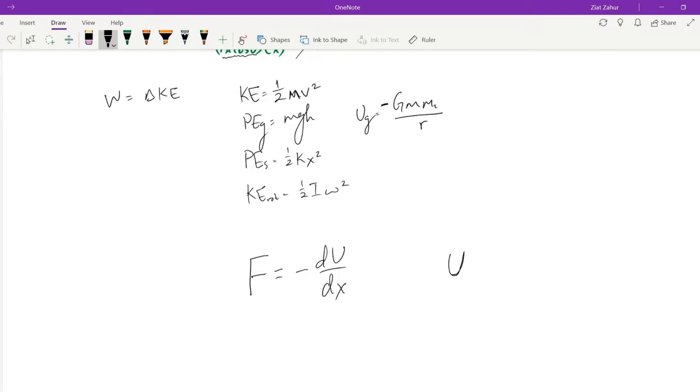When you are accelerating the object, typically your potential will convert into kinetic energy, and so whatever you lose is what you gain via kinetic, and therefore it has to be the negative slope.